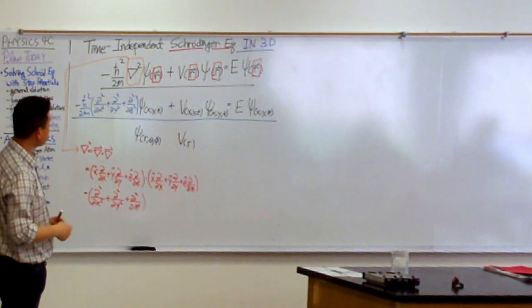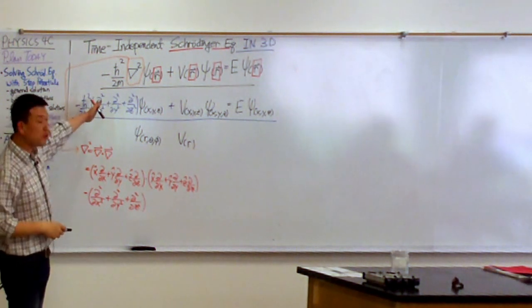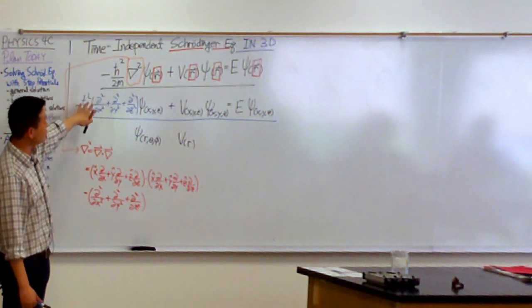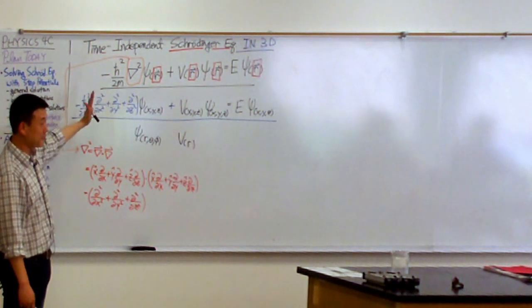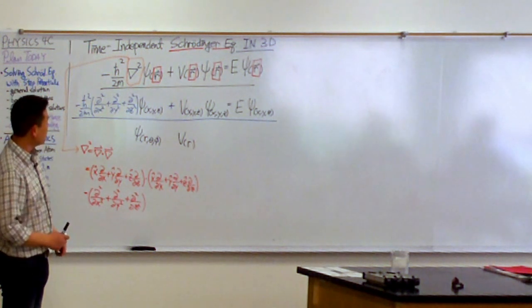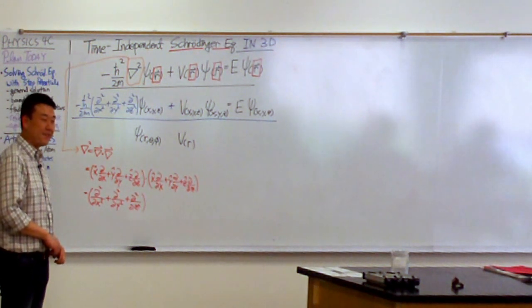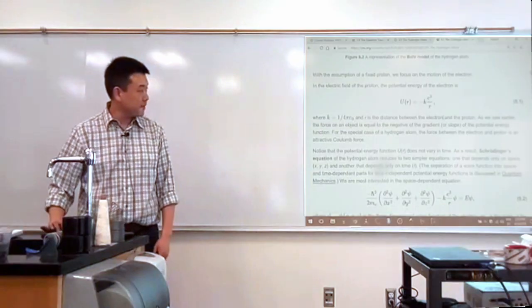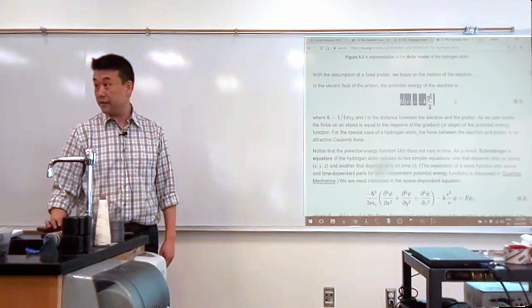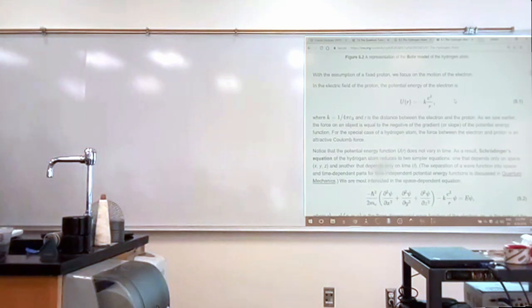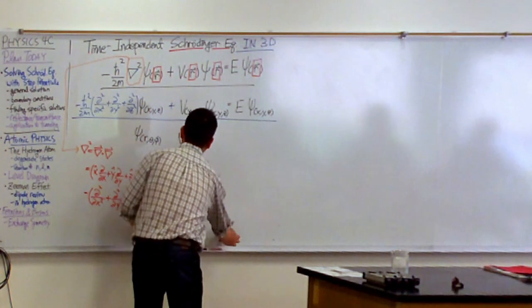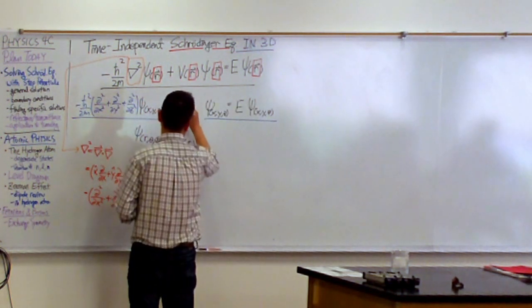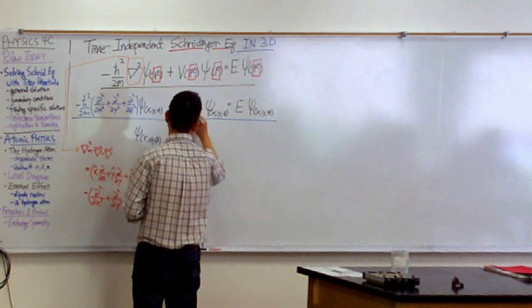And you know, this is actually doable. If we had an extra day, you could do this with a three-dimensional infinite square well. Now the problem is you are not dealing with the infinite square well. You are dealing with electrostatic potential, meaning we are dealing with this potential here. So let me rewrite this potential: minus k e squared over r.